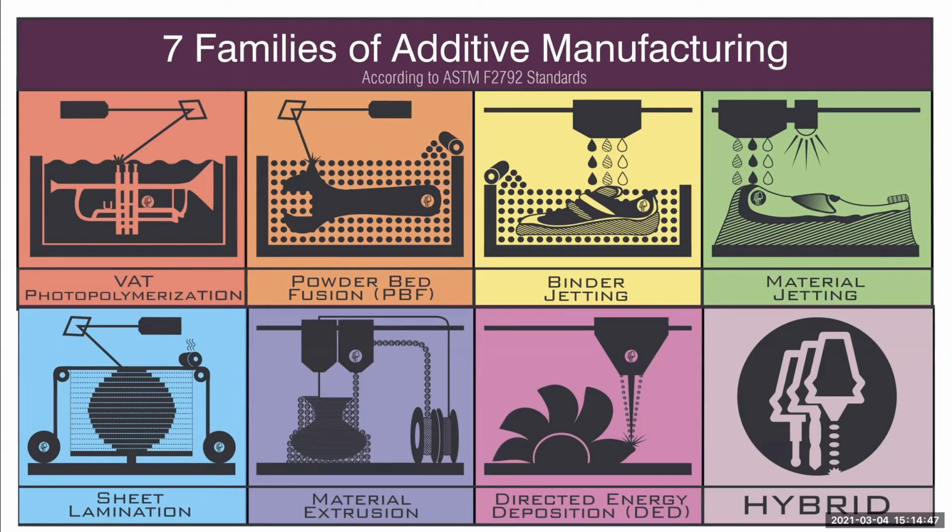Directed energy deposition is kind of a mixture between that, the powder bed fusion, and the sheet lamination, in where material, so like metal powder, is expelled or sort of jetted towards where it needs to be printed, and then a high energy laser or something like that fuses that to the place on which the printing is going to happen.